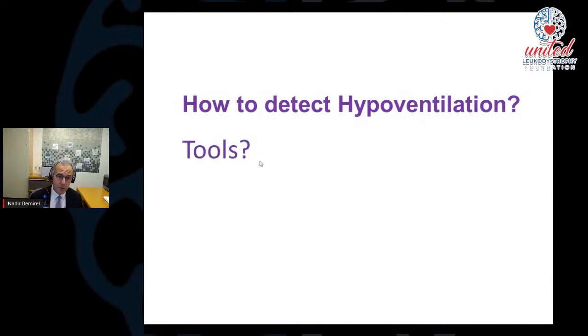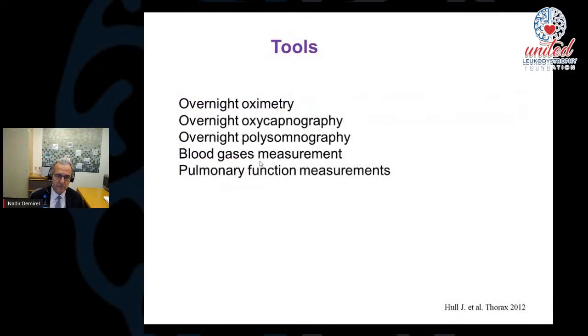And what kind of tools do we use to detect hypoventilation, to measure oxygen level and carbon dioxide level in the blood? And what are the guidelines that tell us how to detect and when to start to treat? So these are the tools that we use in the clinical setting to diagnose hypoventilation.